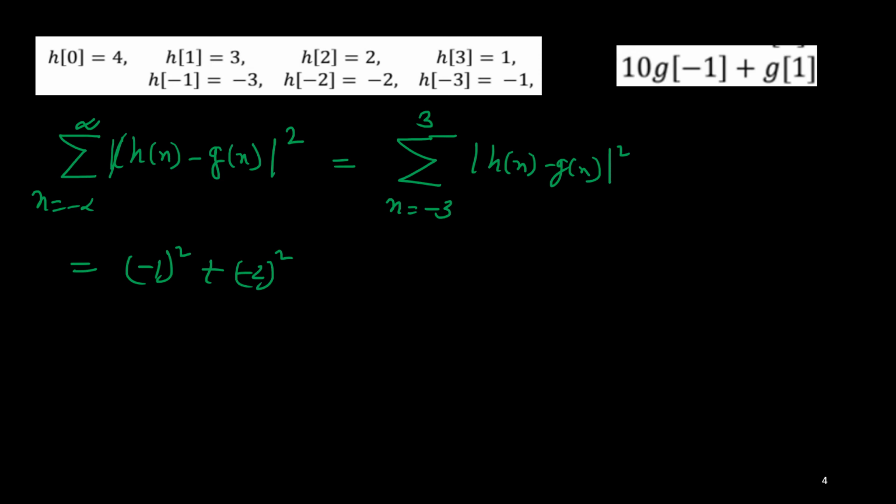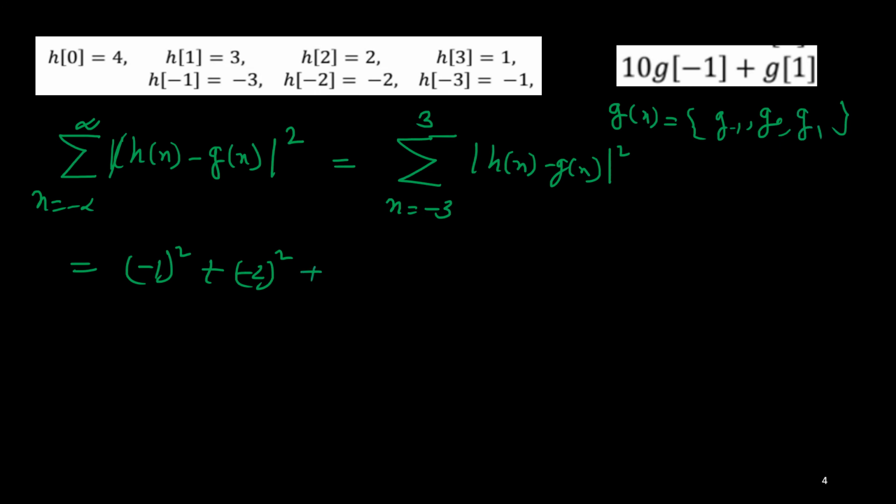And then n equals -1. And if it is -1, h of -1 minus g of -1. And you see g we have considered as this sequence g0, g of -1, and g of 1.